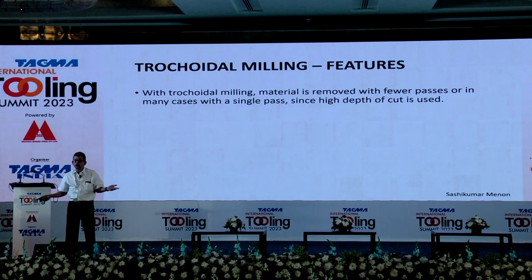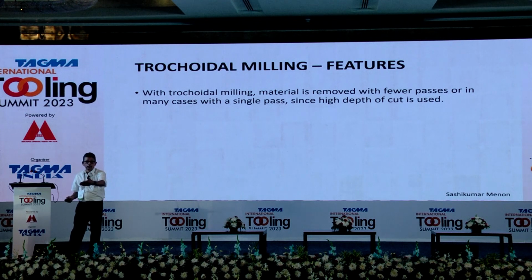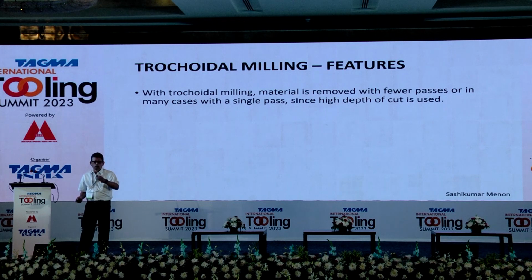So it is not facing the hardened layer, and the chance of notch wear is almost zero. That's a very big advantage, especially when you're machining self-hardening material. This is one of the best methods for machining superalloys, titanium and all these materials.